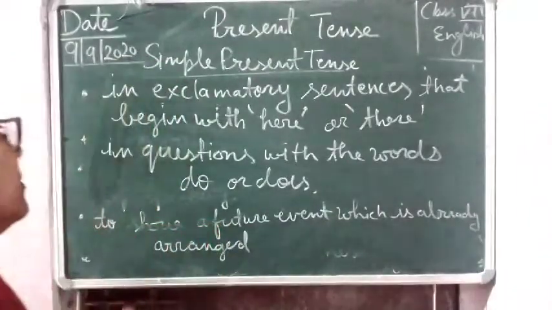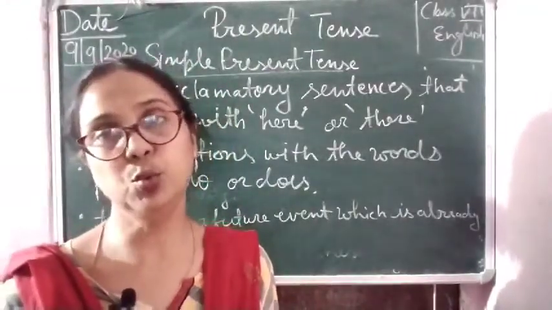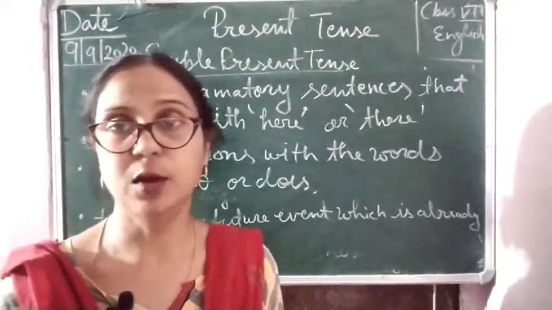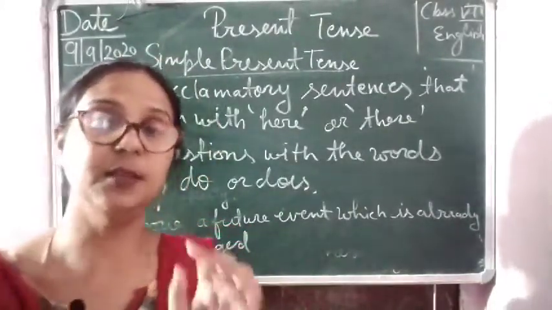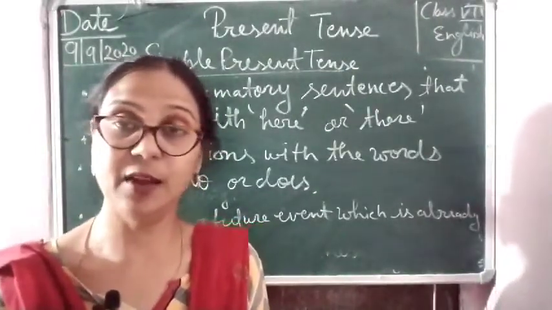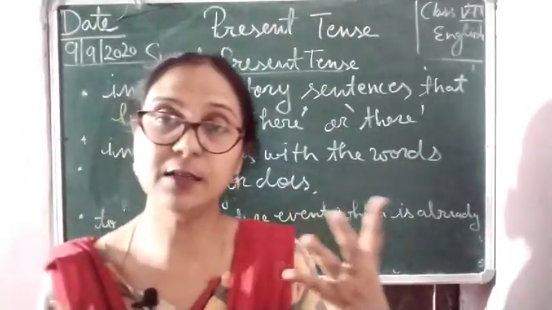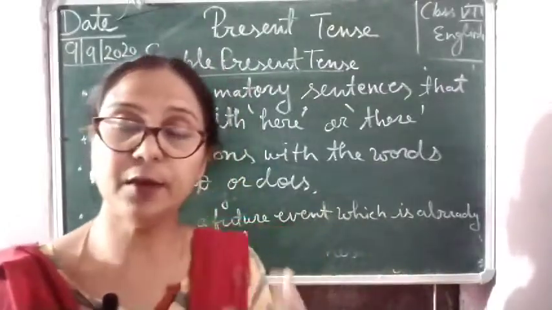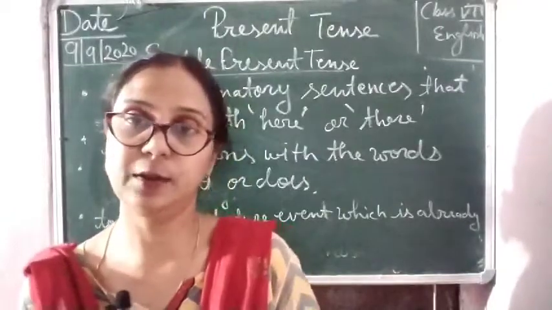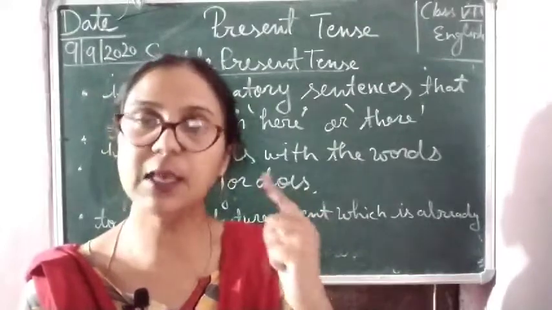Now next is in questions. Whenever we are making questions with do or does, we are supposed to use simple present tense. So always keep in mind: whenever we are expressing the truth, speaking a fact, or talking about the routine and habitual action of a person, these are the points to remember.